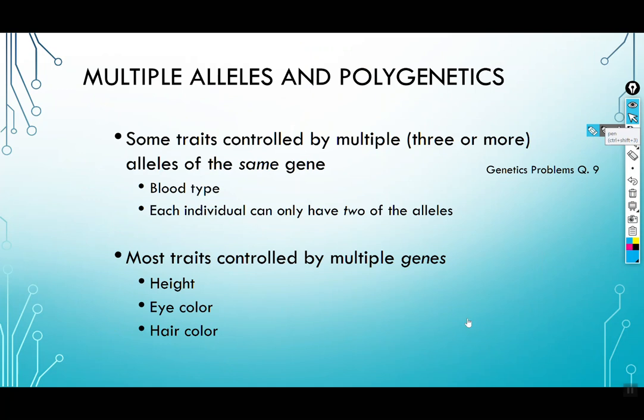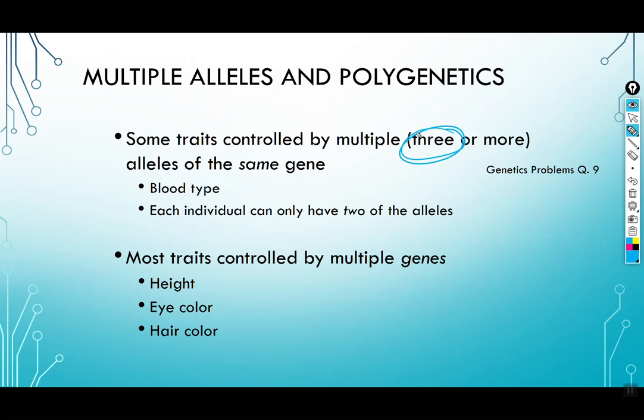Okay, so we've been talking about traits that are controlled by one gene with a couple alleles. Some traits are controlled by multiple alleles, and that means 3 or more, so more than 2, alleles of the same gene. Blood type is an example of that. You can have A, B, or O, so there's more than 2 kinds.